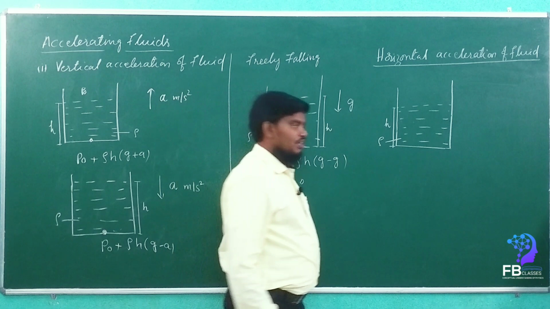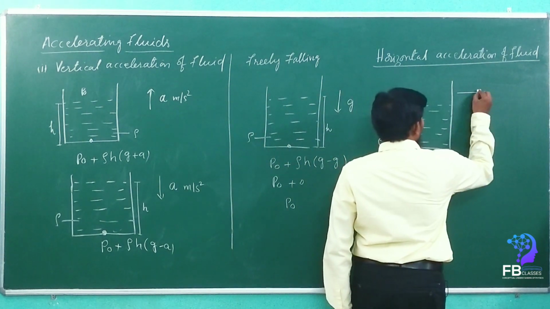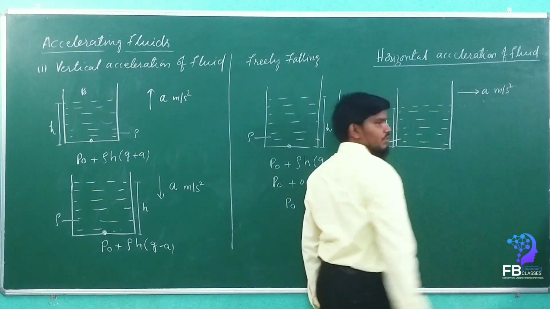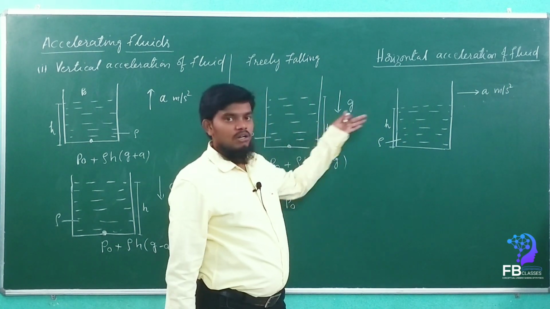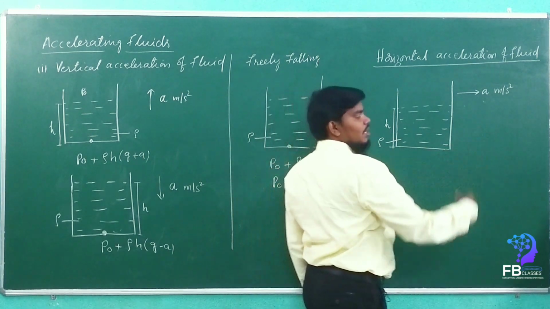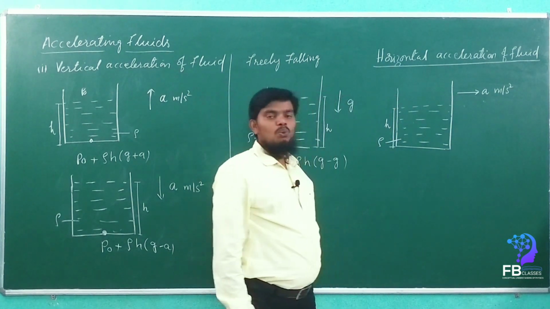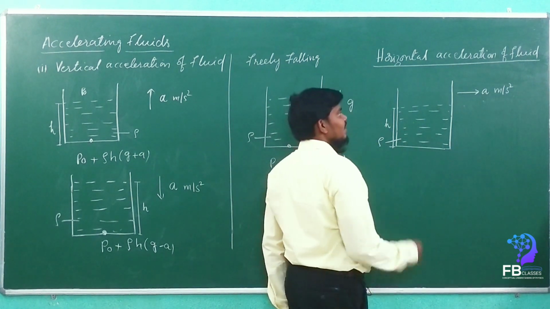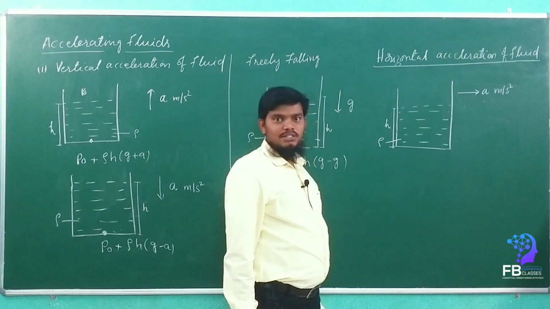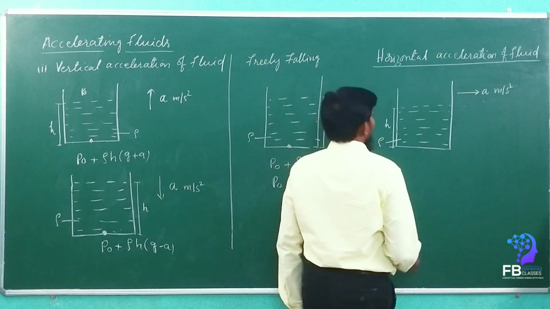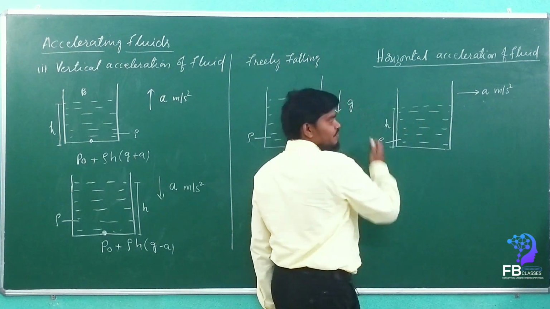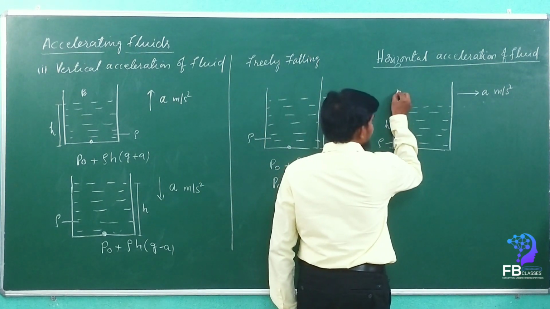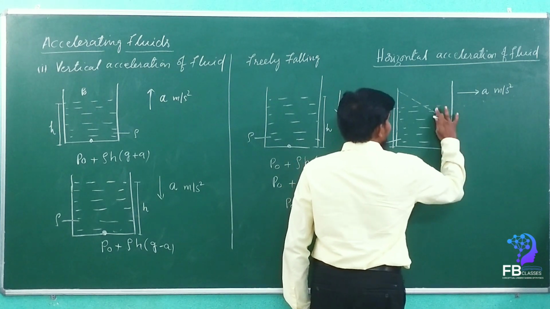Now what will happen if this container moves with an acceleration a? Okay, it moves with acceleration a horizontally, that means towards the right side. Then what will happen? Once it is accelerating with a meter per second square, we know the height of the liquid column from the left side is going to increase, like this.